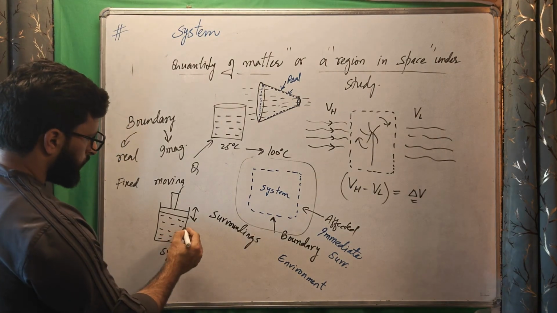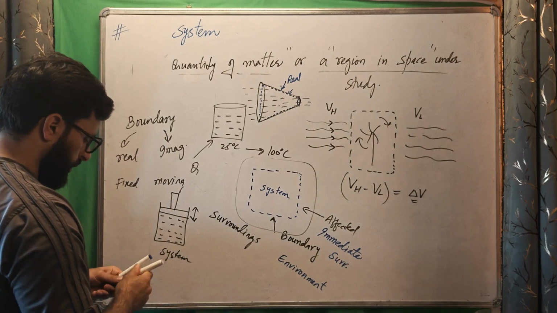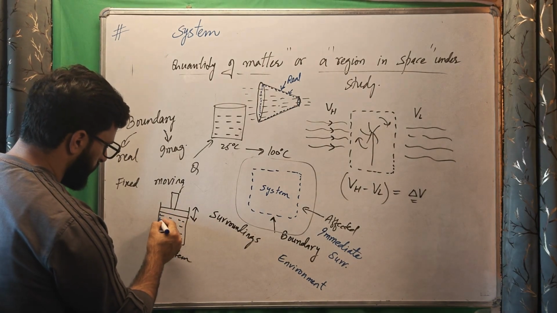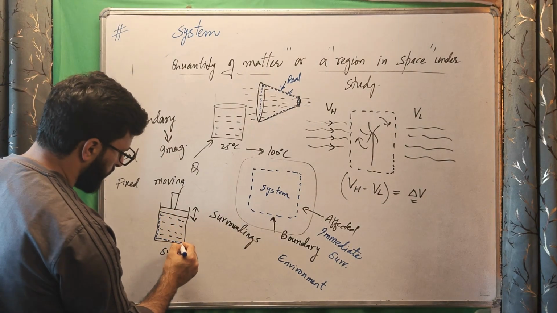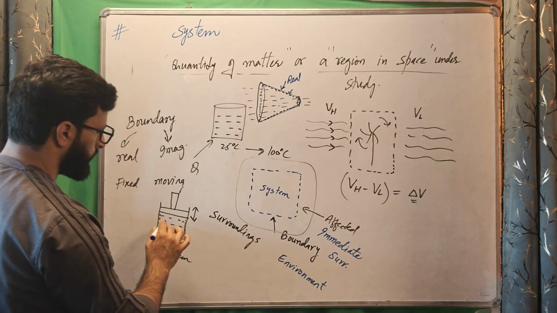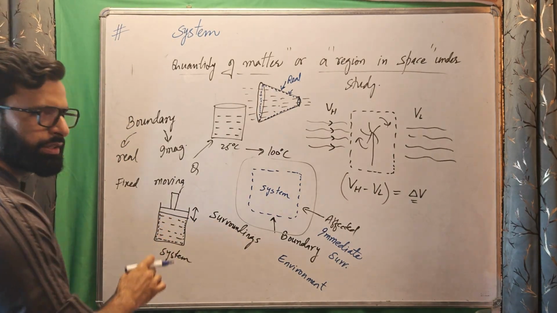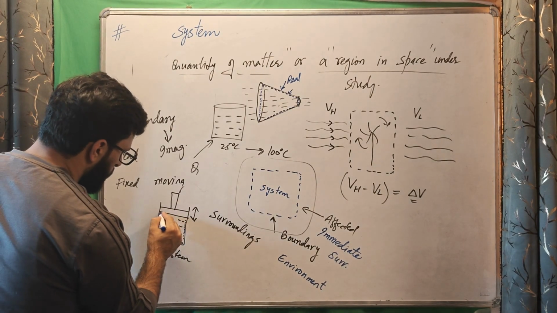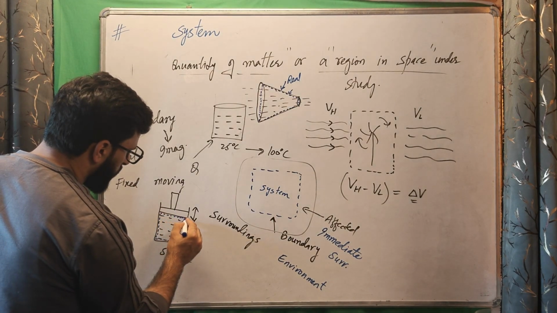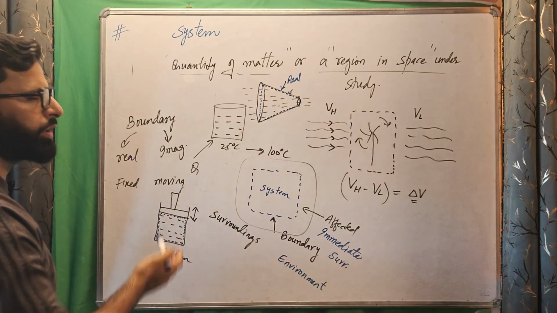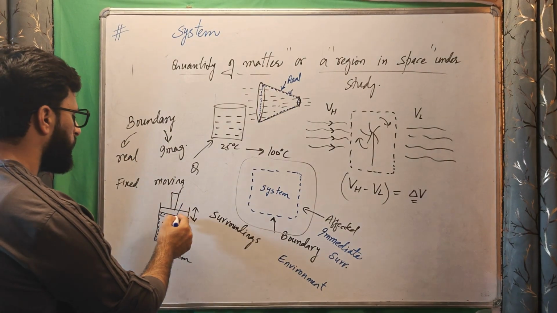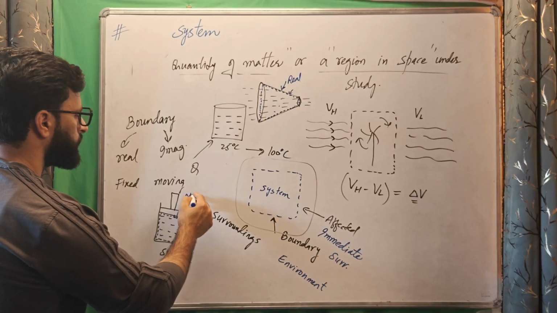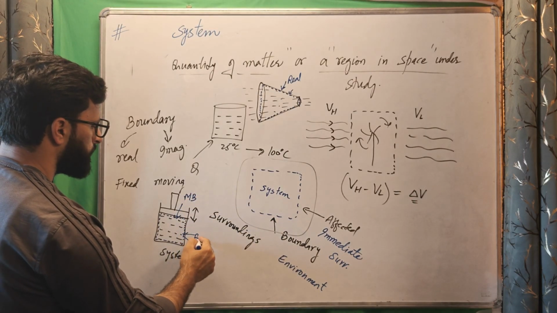Now when this system undergoes a process, these boundaries are fixed because there are fixed walls for this gas. So for this gas, these are fixed boundaries because there are real walls of the cylinder. But this boundary for this gas is not fixed, it is movable because the piston is moving up and down. So this is a movable boundary. These are fixed boundaries.